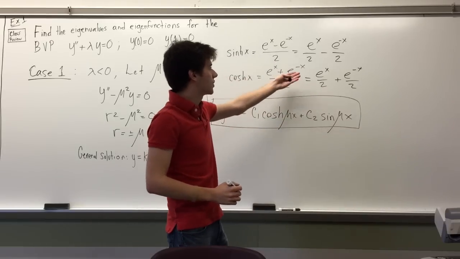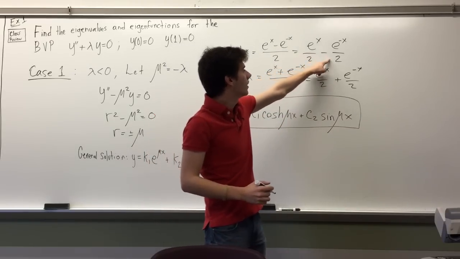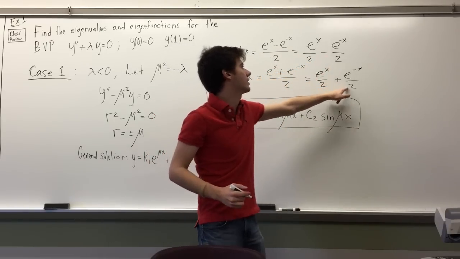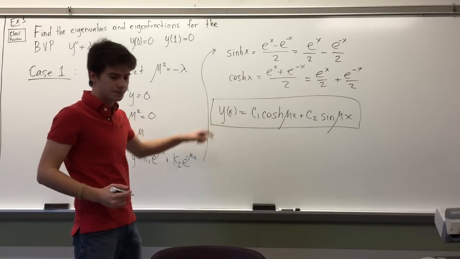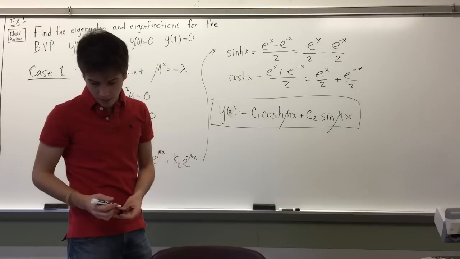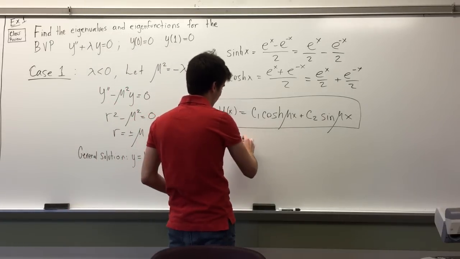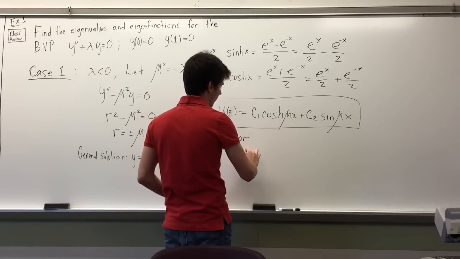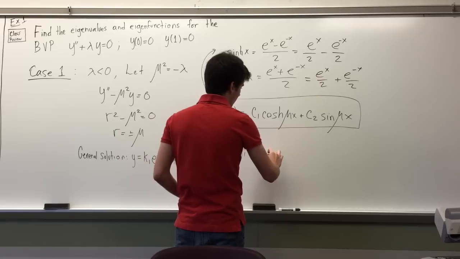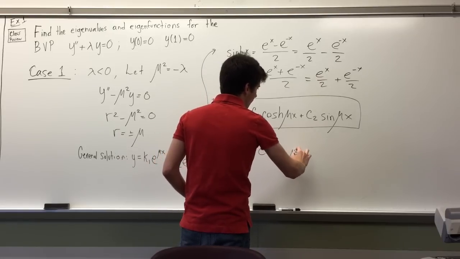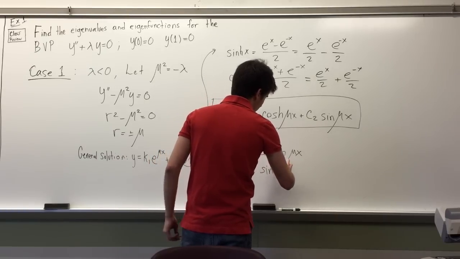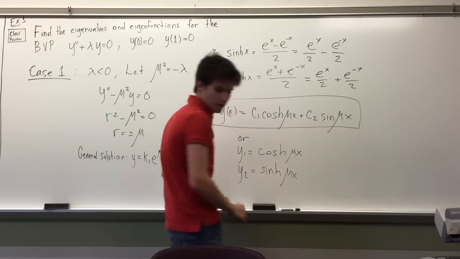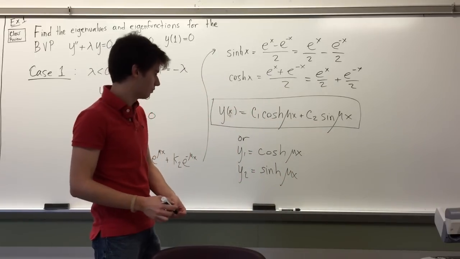So basically it's just a linear combination. Here it's a half, here it's negative a half, here it's a half, here it's a half. So we could write our general solution like this, or we could write it separately, like y1 is equal to cosh of mu x, and y2 is equal to sinh of mu x, whatever is more convenient.